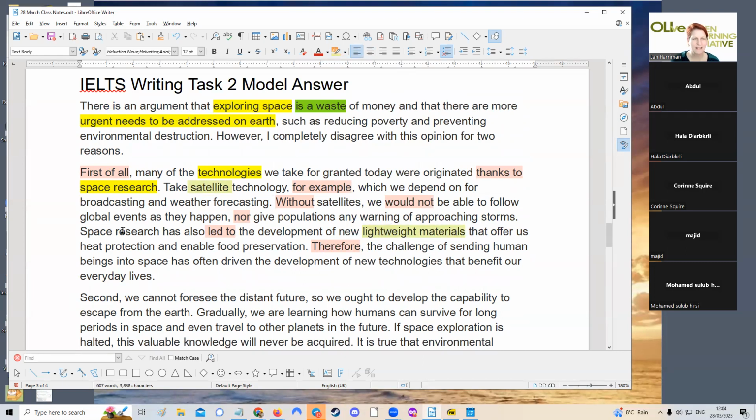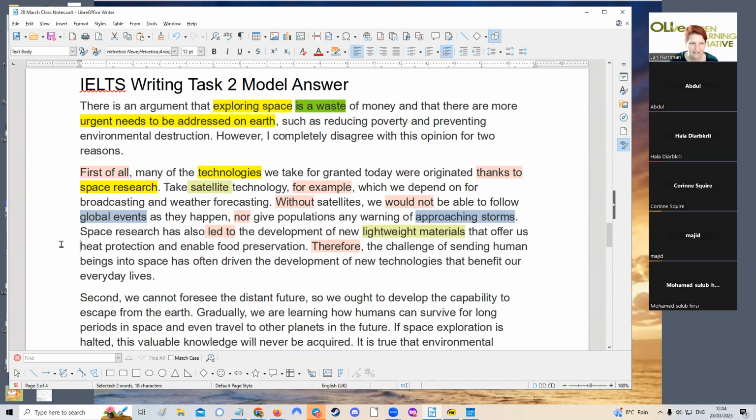This is what they've done. So when they were thinking of their ideas for this, they said, okay, I'm going to talk about technology and I'm going to talk about the future. Okay. So in technologies, what am I going to talk about? Oh, I can talk about satellites and lightweight materials. And then we have the examples. And the examples are global events and approaching storms.